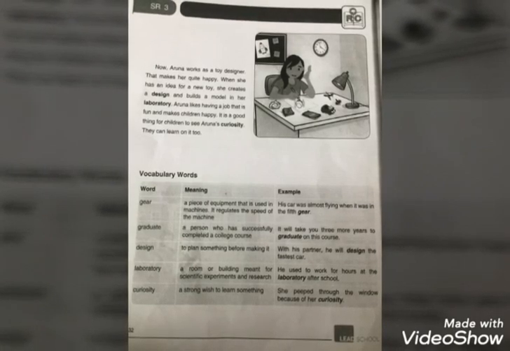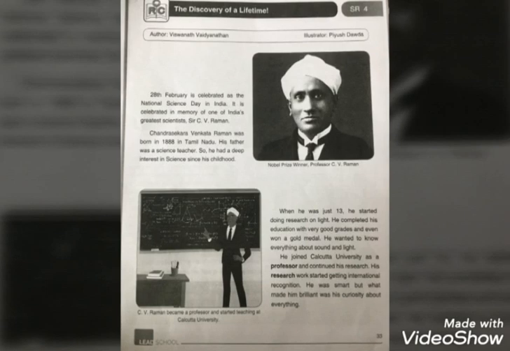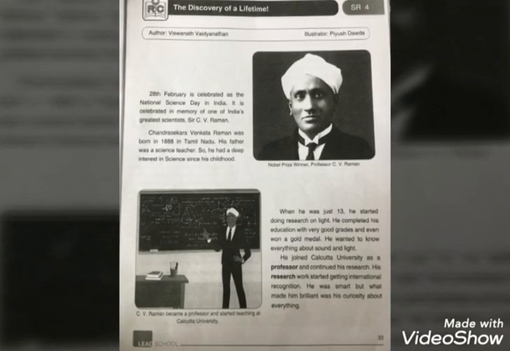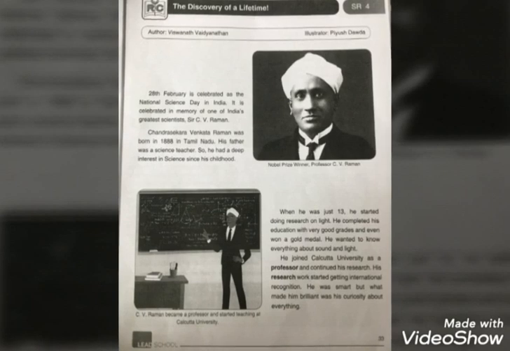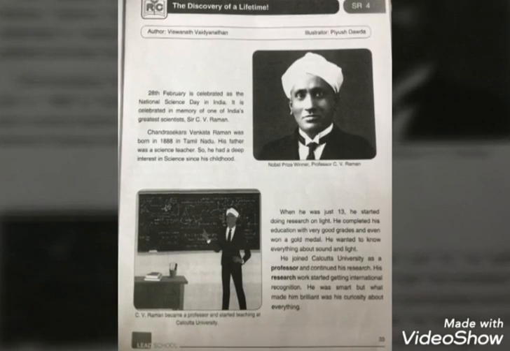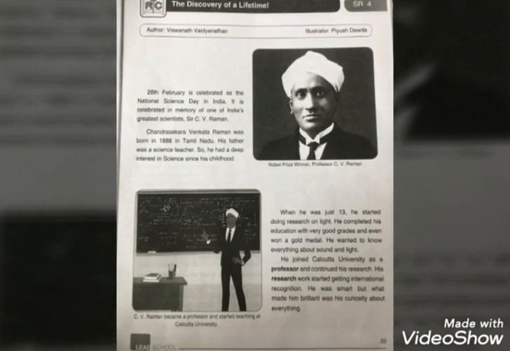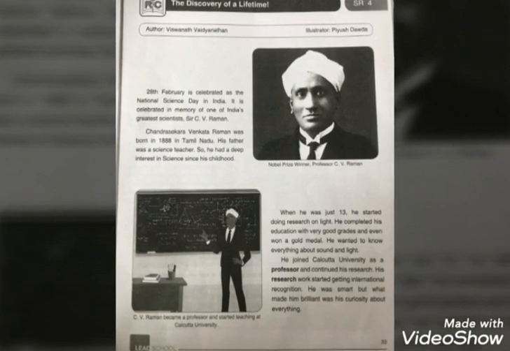Next, the discovery of a lifetime. The author is Vishwanath Vidyanathan again. This lesson is all about the Nobel Prize winner, Professor C.V. Raman. C.V. Raman became a professor and started teaching at Calcutta University.